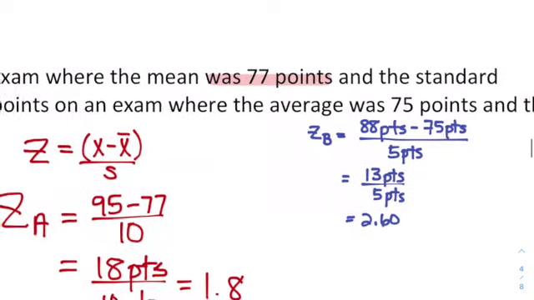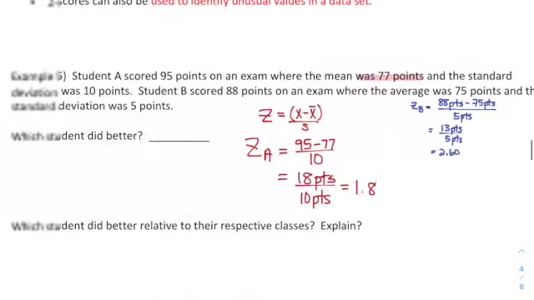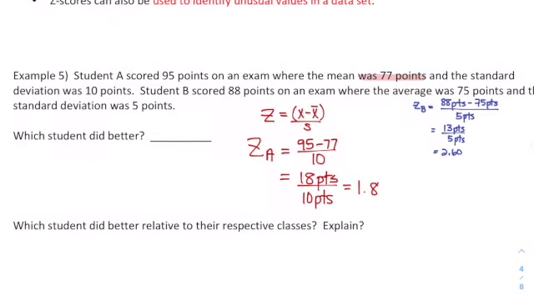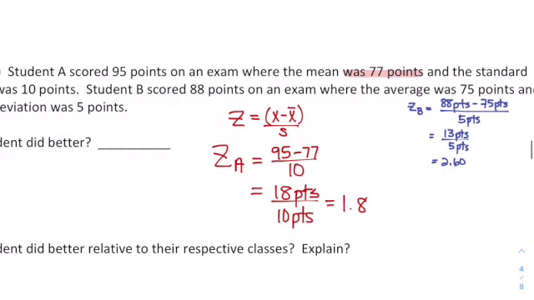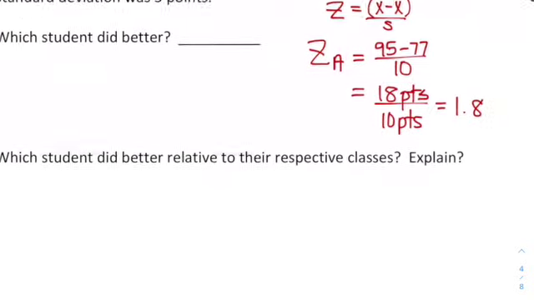All right, now which student does better relative to their respective class? Well, I will go with student B because he's 2 standard deviations away from the mean. That means his score is much better than everybody else's. So therefore, student B did better.